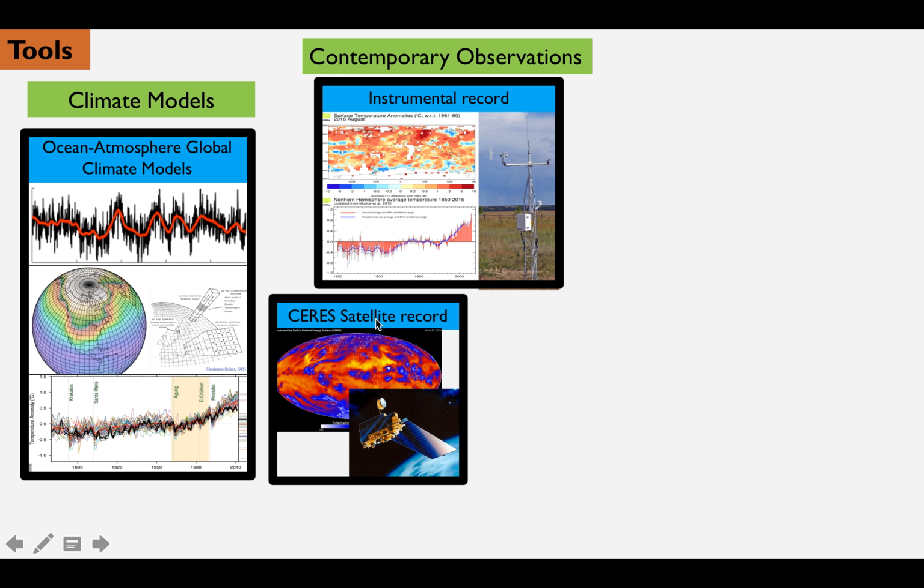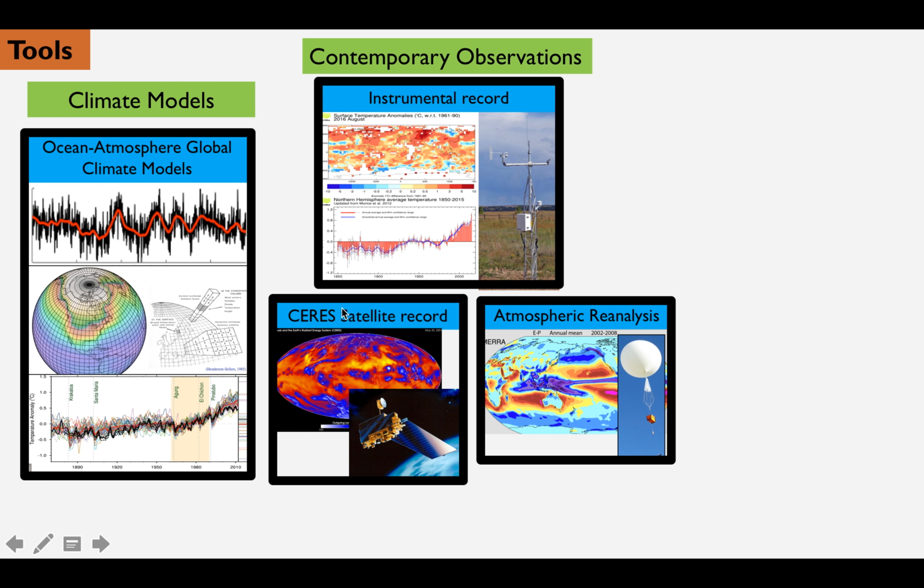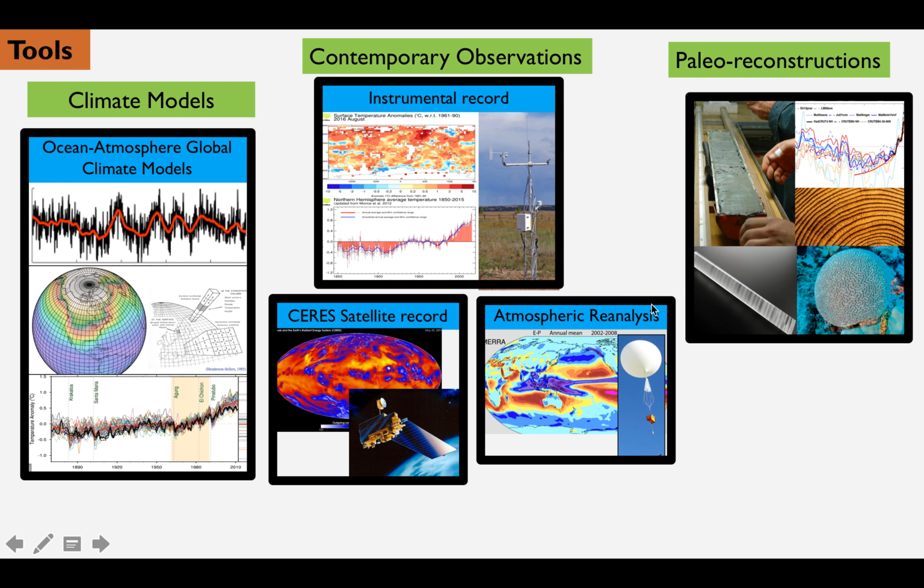I look at the satellite record of the Earth's energy budget, which goes from 2002 to present, as well as atmospheric reanalysis products, which are essentially weather models that assimilate observations into them over the historical period to give kind of a full, physically consistent picture of what's gone on in the past. And finally, I also use multi-proxy reconstructions of surface temperature over the past millennium to try to get an idea of how large unforced variability is.